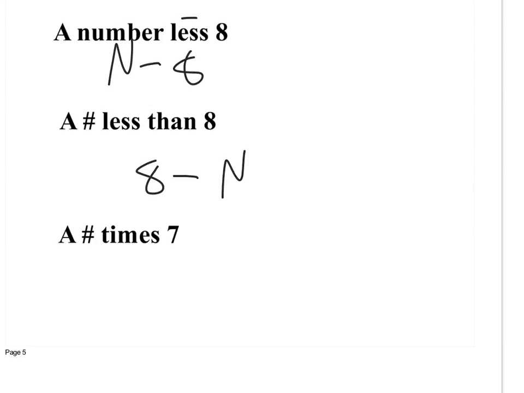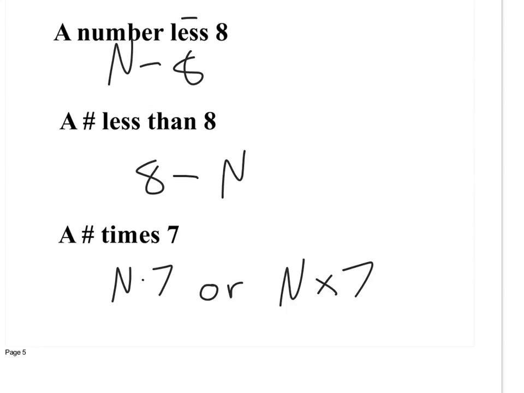Don't mess that up, because they'll throw this at you 1,000 times throughout the year. Okay? Even into April, you'll be doing problems where they say less than. A number times 7, that would be a multiplication problem. So I would do n times 7. Or I could write it like 7n, which you will never see us doing here with a times sign, because we use x as a variable a lot.